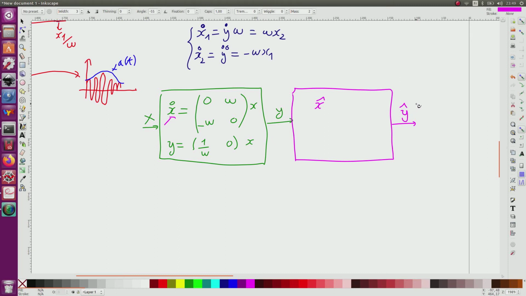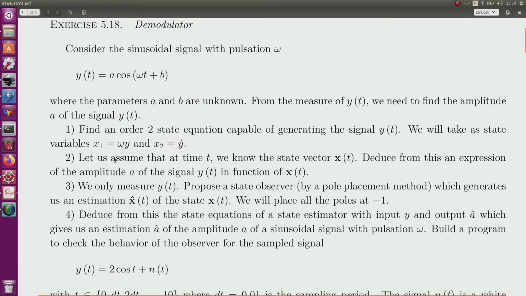So this one will correspond to the filtered signal, and also I will be allowed to get a hat, an estimation of the amplitude. So this corresponds to the second question. So I assume that at time t I know the state vector x. We have to deduce an expression of the amplitude of the signal y in function of x of t.